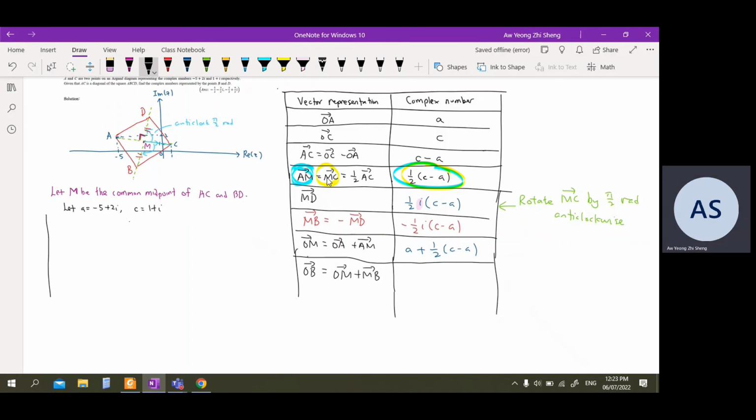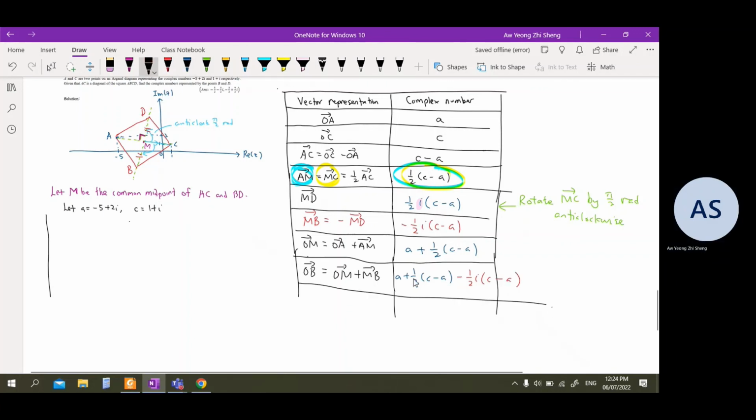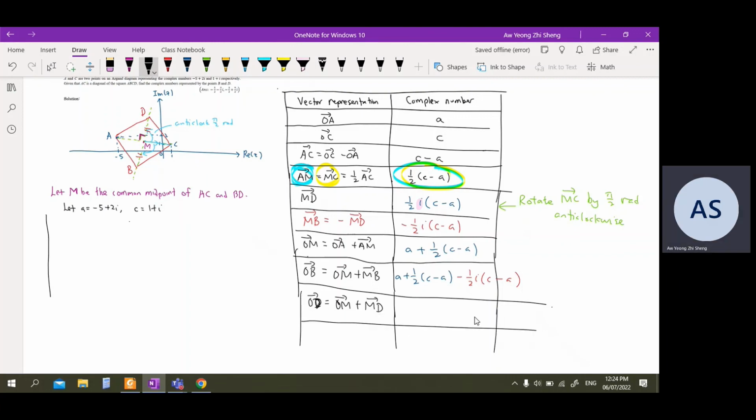The OM will be this A plus half times C minus A. MB is the negative half I bracket C minus A. Okay, and finally, I have OD to be OM plus MD.